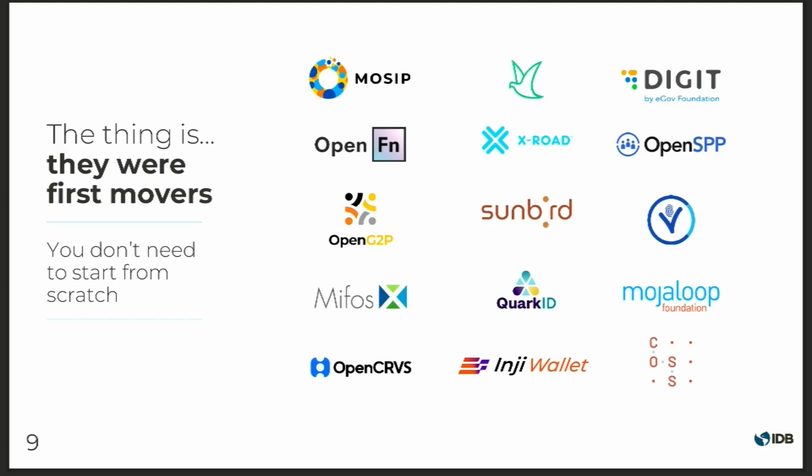And it's not always good to be a first mover, because now everyone else that is building DPI doesn't have to start from scratch. And this is where DPGs come in. There are so many open source technological solutions built on those use cases that are ready to use. You don't need to build from scratch.